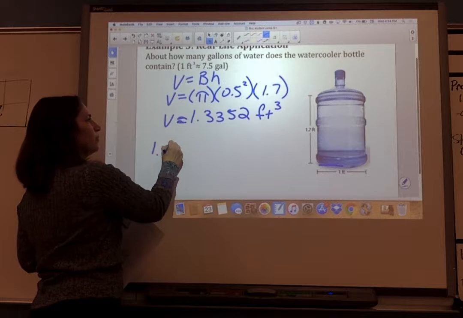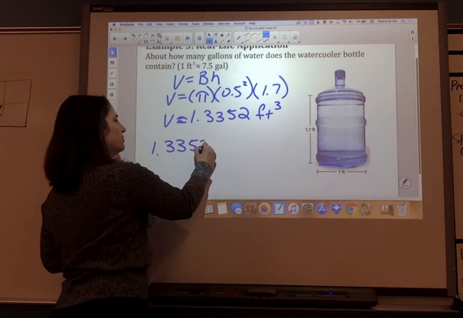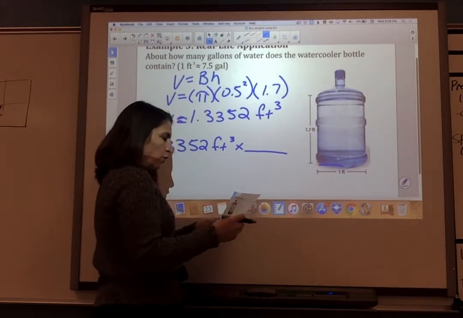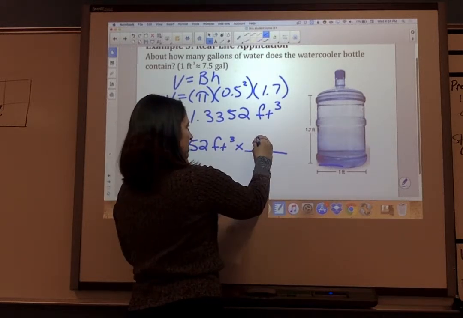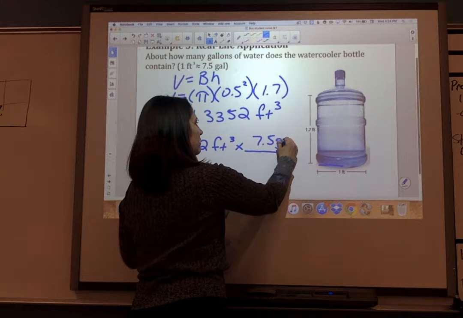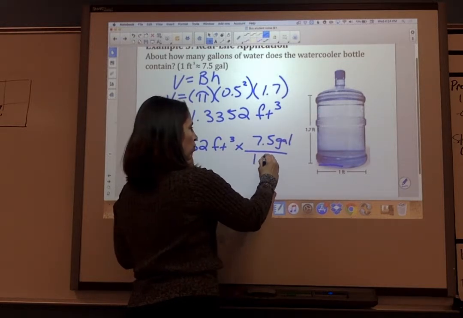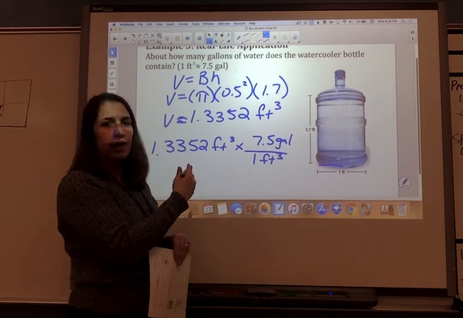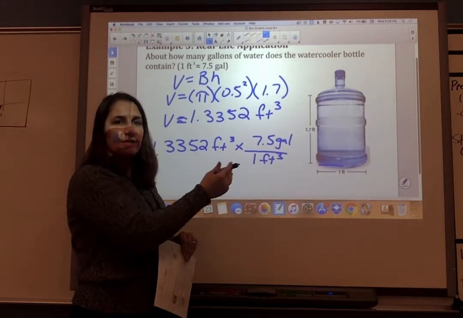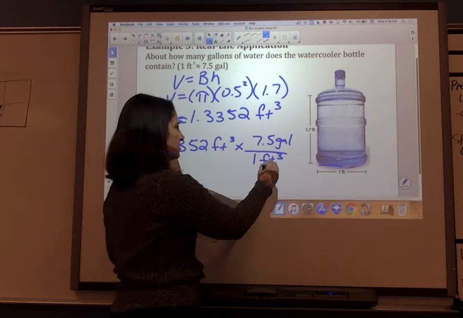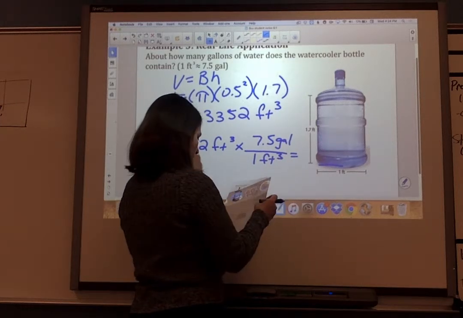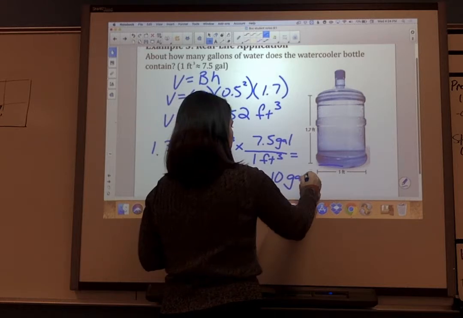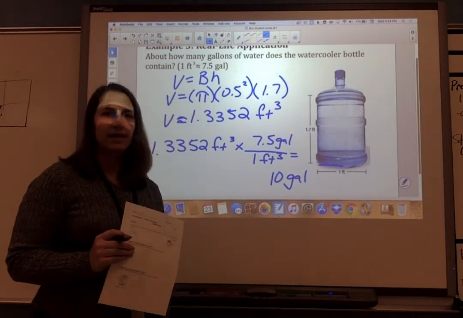So if we have 1.3352 cubic feet, we'll say that 7.5 gallons equals 1 cubic foot. So that tells us we need to multiply our cubic feet times 7.5 gallons, and we get approximately 10 gallons, pretty close to 10 gallons.